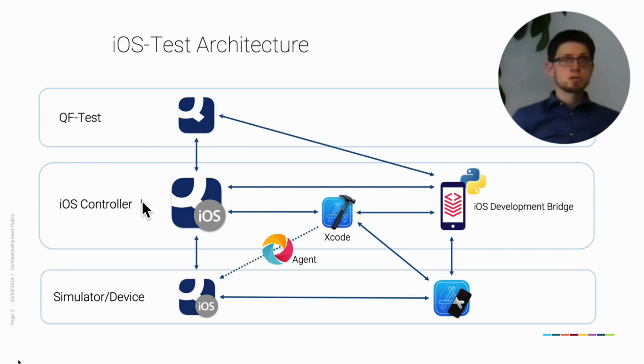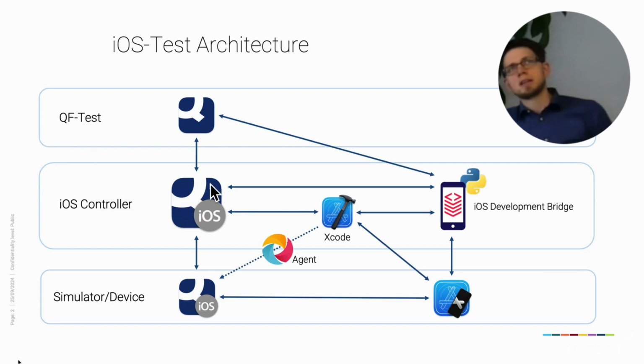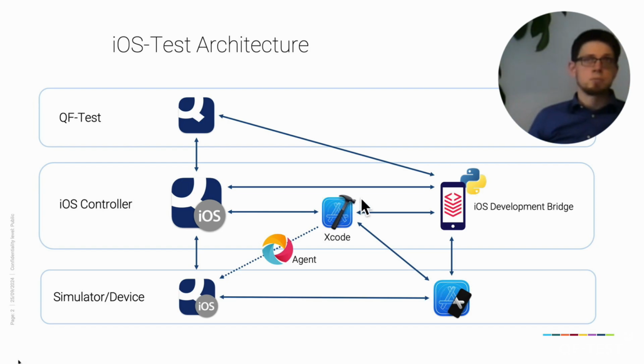The iOS controller is an application which you can find in the dock of your system, with an icon looking like the QF-Test icon, but with this iOS bubble. This is the helper application which acts as the client for QF-Test and which controls all the interaction with the iOS device. For this, we use a couple of standard development tools from Apple and open source tools.